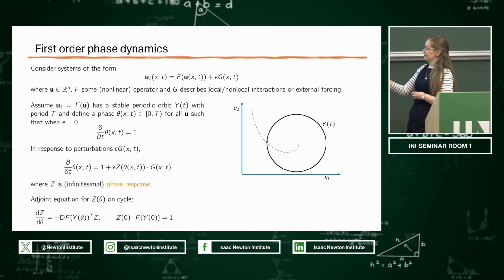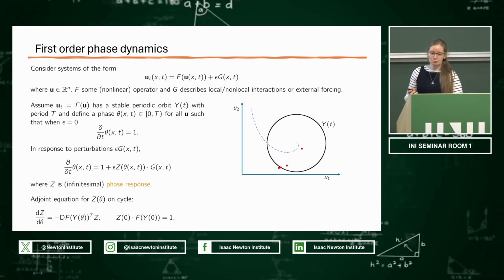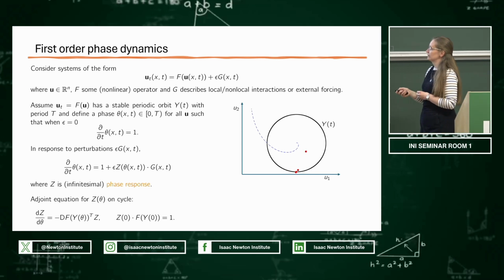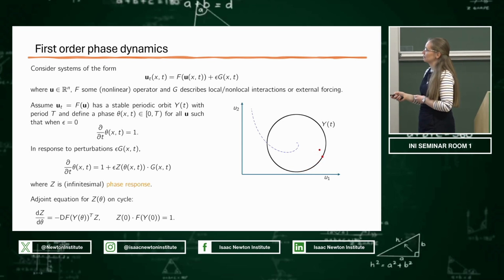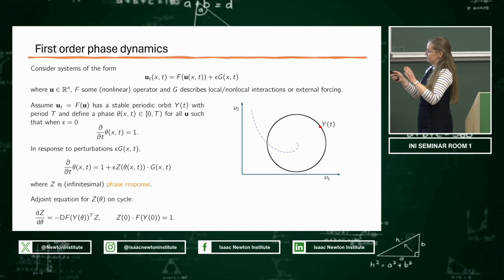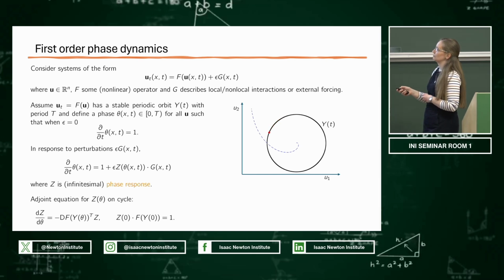That phase response function can be computed by solving this adjoint equation. It's just a first order ODE, except this thing here depends on beta itself. So we can numerically solve that. We've got some normalization condition, and then we have our nice equation for the evolution of the phase.